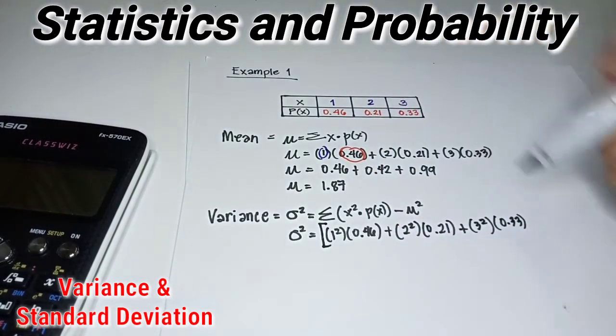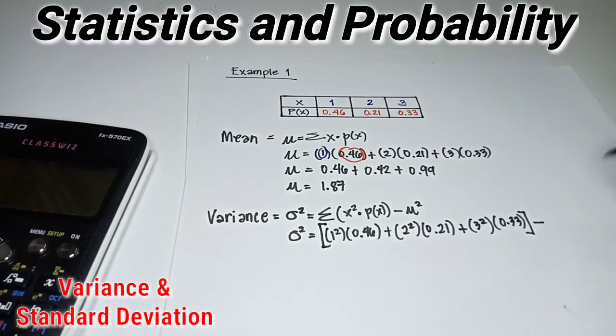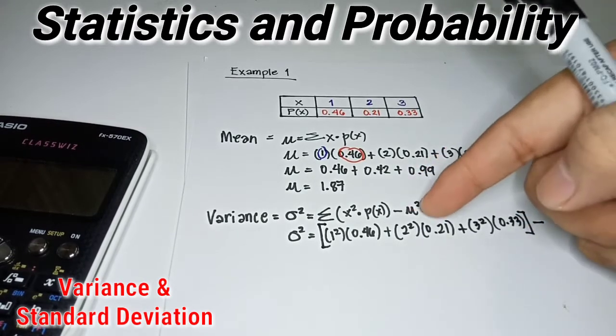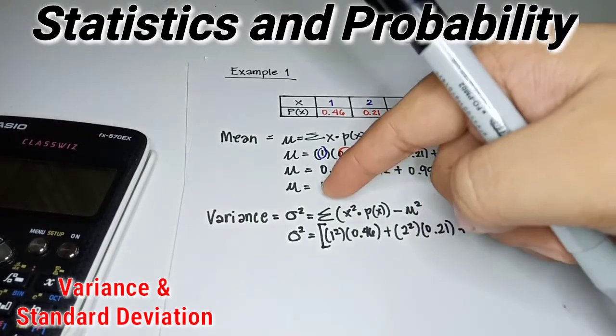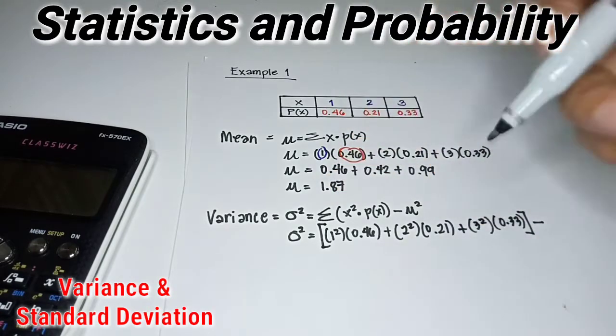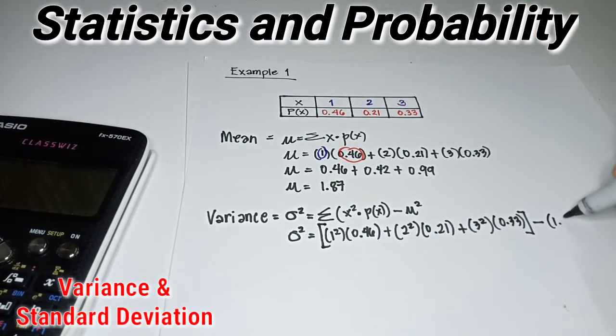We'll enclose it, minus the formula, minus mu squared. So we have here the mean, 1.87, and we will square it.